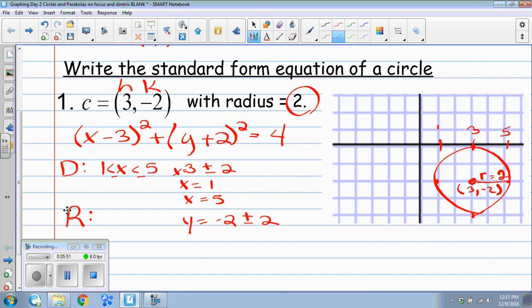That gives us our largest and smallest y value. So y equals negative 2 plus 2 is 0, and y equals negative 2 minus 2 is negative 4. So y is between negative 4, you want your smallest one on the left, and your largest on the right.